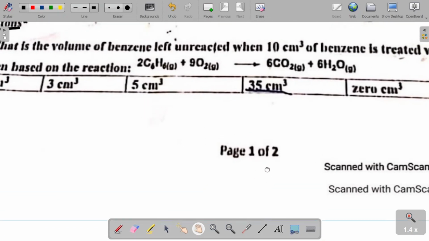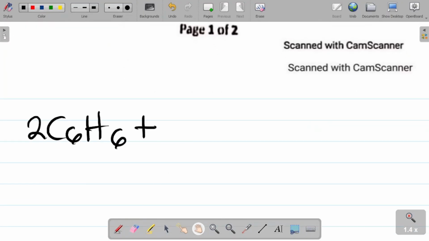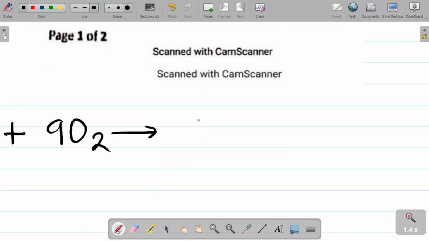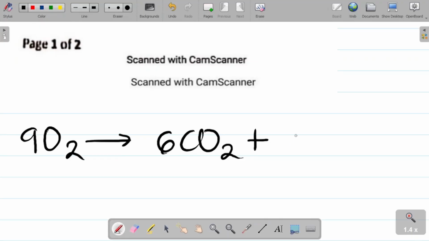Now for the reaction here, we have 2 of benzene, that's 2C6H6, combining with 9 moles of oxygen to give us what's available there, 6 moles of carbon dioxide, 6CO2 plus, what else do we have there? 6H2O, that's 6 of water, H2O.